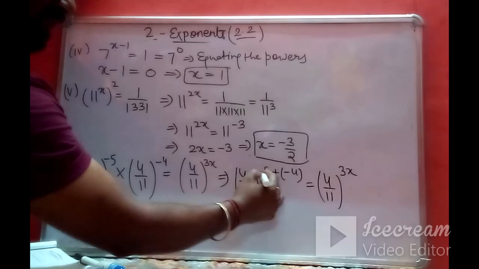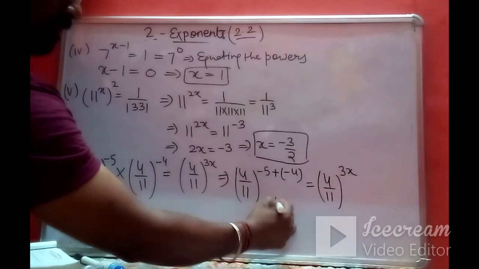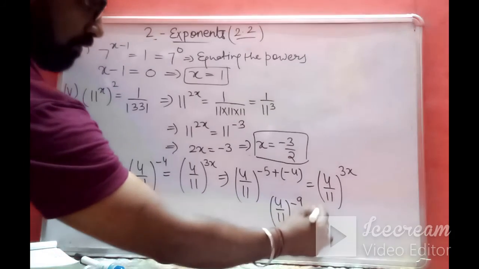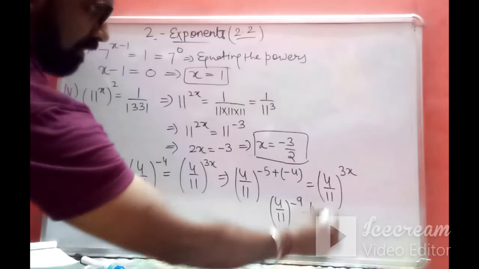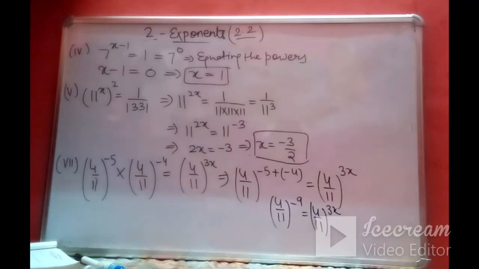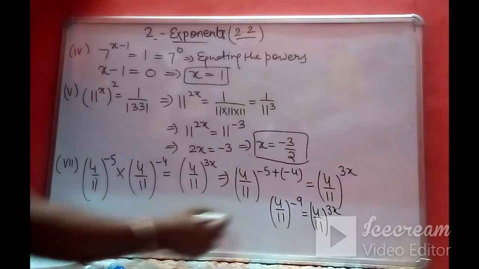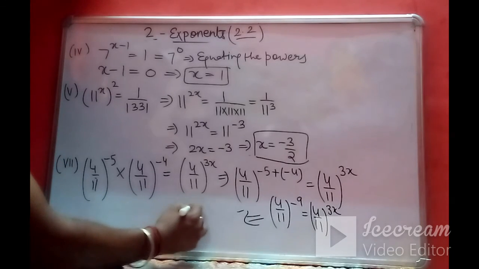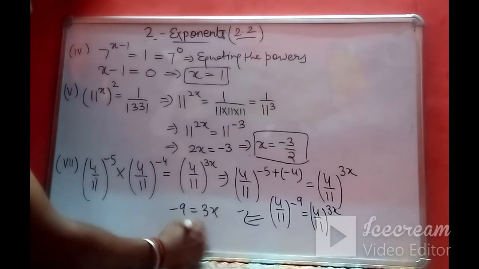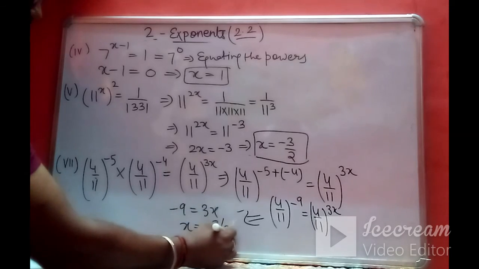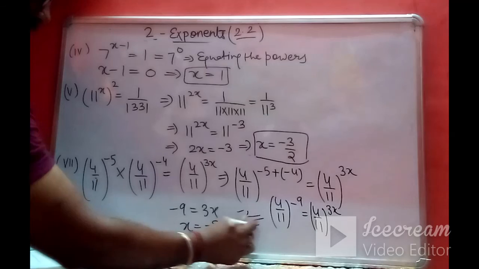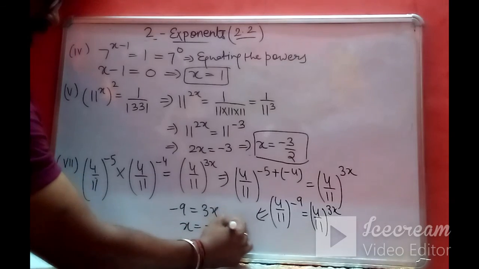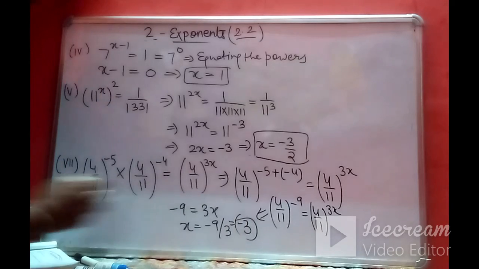Then it becomes minus 9, so 4 upon 11 to the power minus 9 equal to 4 upon 11 to the power 3x. So finally we get minus 9 equal to 3x, or x equal to minus 9 upon 3, that is minus 3. So minus 3 is our answer.